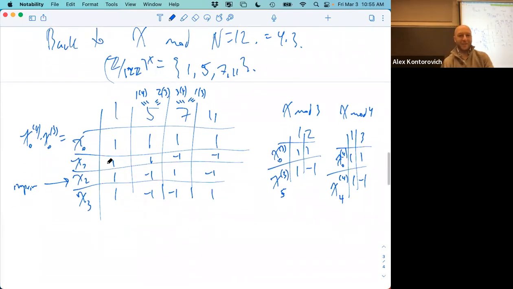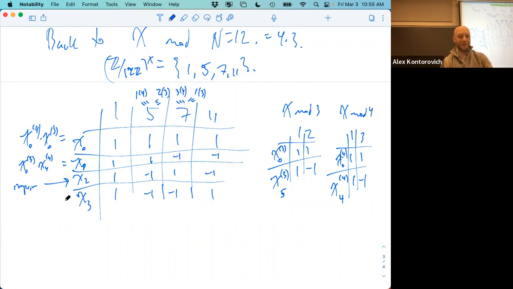I claim that this character chi1 is the trivial character mod 3 times the non-trivial character mod 4. What's this other character? It's the trivial character mod 4, because I can read that off from the value of 7.